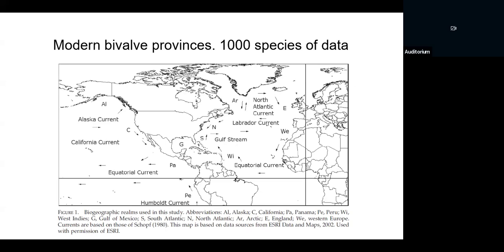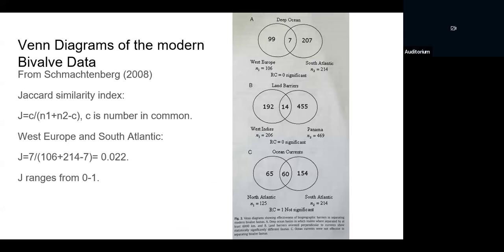And all I did was I went in field guides, and I created all these provinces here and just made a note of what species are found in each province. And I put that in an Excel spreadsheet. And this shows some of the data that I was able to collect in sort of a Venn diagram. So we have up here a comparison between species of clams that are found in Western Europe versus those in South Atlantic.